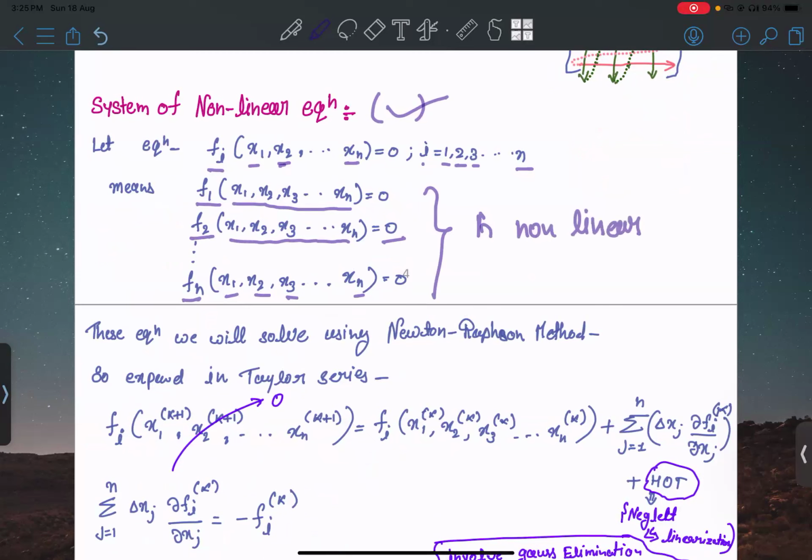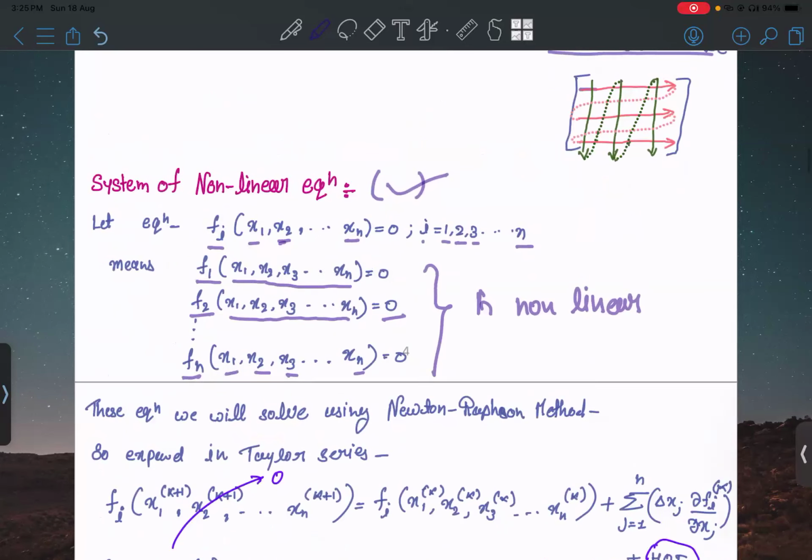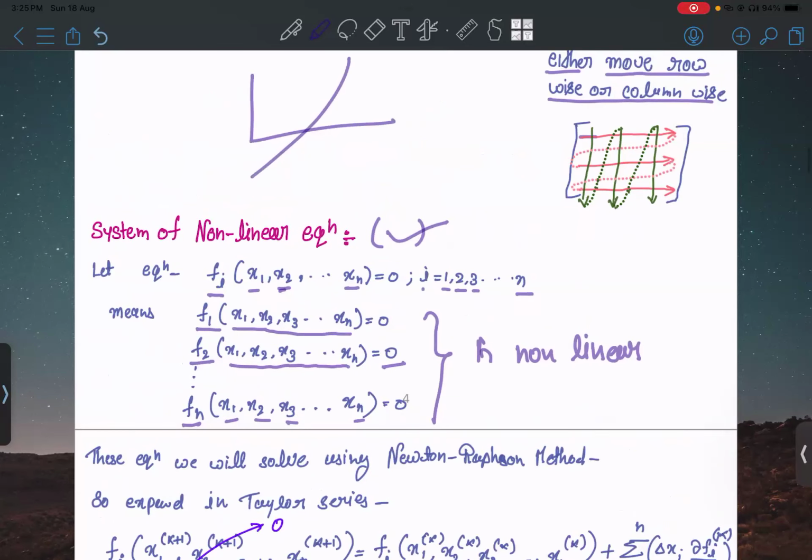So if you remember, what I have discussed was the geometric interpretation of the Newton-Raphson method. Whatever function we have drawn, we draw some tangent, wherever it cuts, this is my guess, again I draw a tangent.